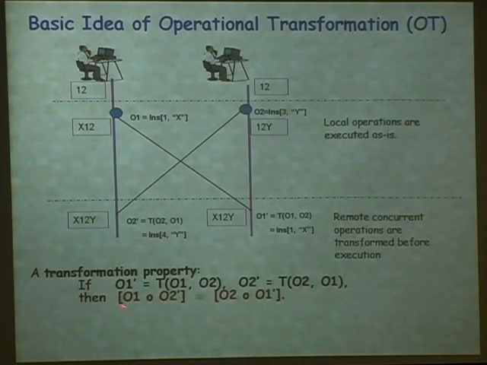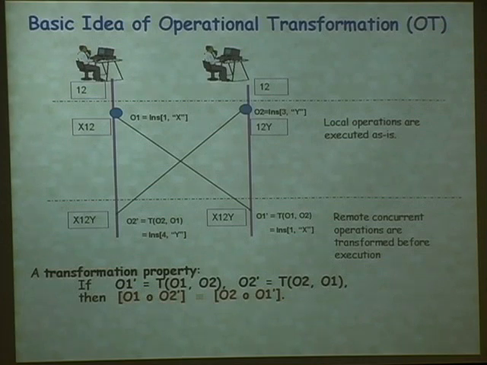And we must make sure that after transformation and after executing them in two different orders, O1 followed by O2 prime, that's transformed, or if you execute O2 first, followed by O1 prime, the final result must be identical. That is one of the many consistency requirements, transformation property requirements.